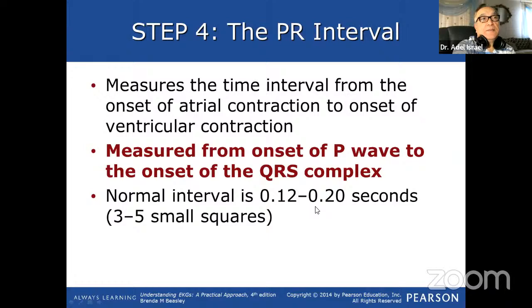Never forget it. And the interpretation of this number is either to say between 3 to 5 small squares, but in the exam you have to mention the time, not only how many small squares, because the exam needs you to be aware of the time actually.